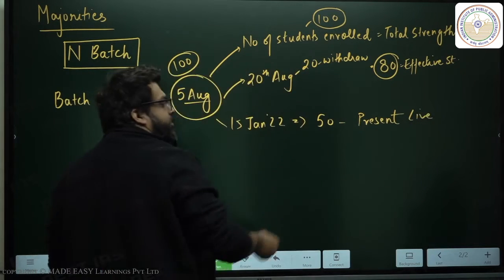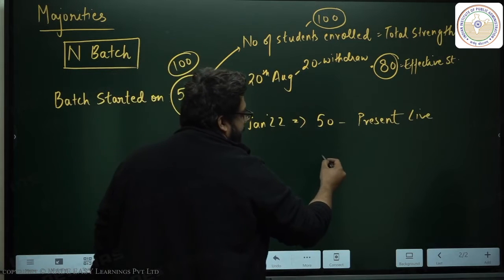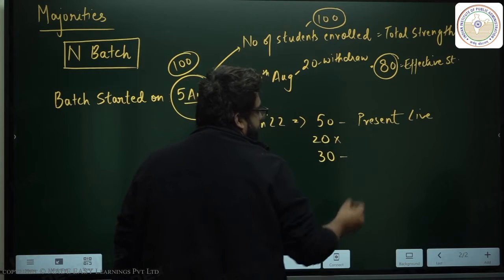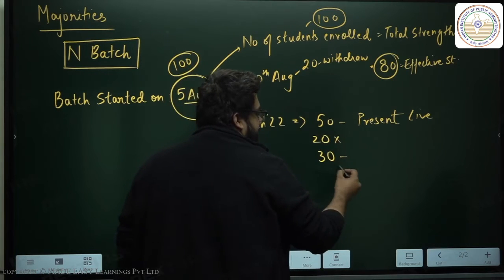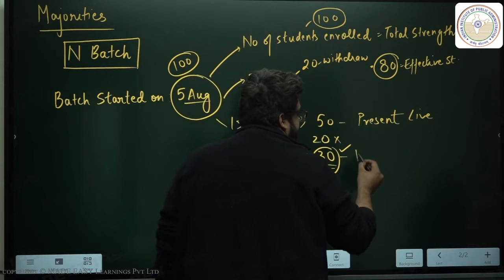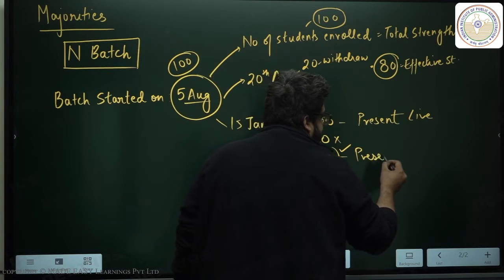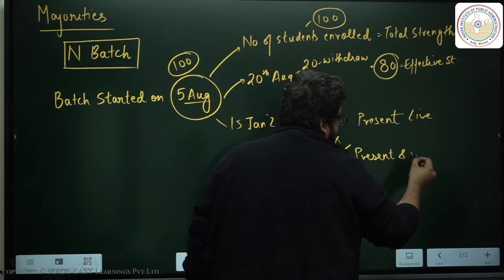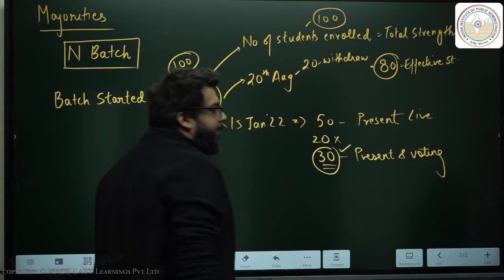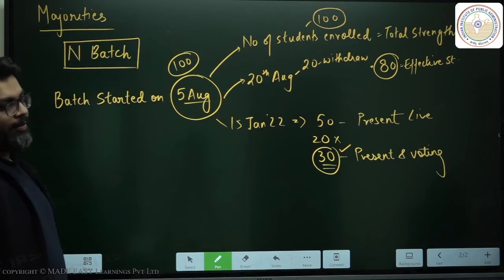Now, out of those 50, let us say only 30 wanted to answer. 20 did not want to answer that question. So this 30 becomes present and voting.